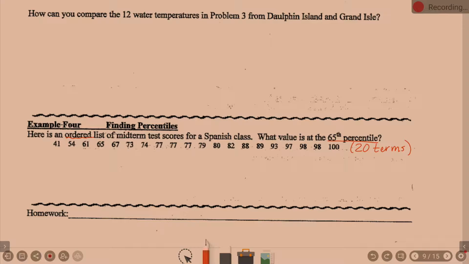So, if you will, there are 20 terms in the list, right? Times, how do I multiply by 65%? 0.65. What is 20 times 0.65? 13. So what that is saying is the 13th term marks the 65th percentile. What is my 13th term?